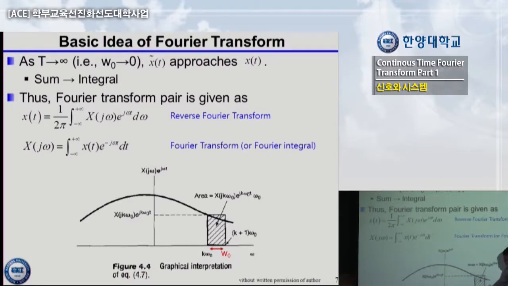This point is kω0 in the omega domain, and the second point is (k plus 1)ω0. They have a spacing of omega 0 between them. This area will be omega 0 times the amplitude of this, right? Are you following, Stopper? One more time? Yeah, okay.